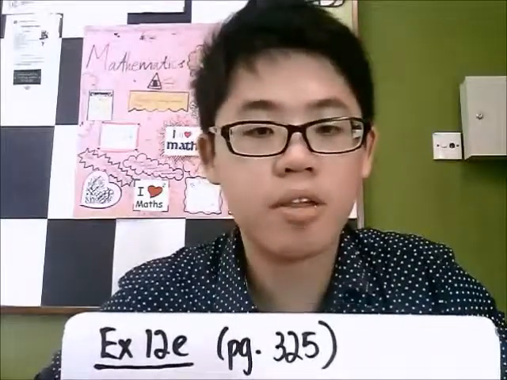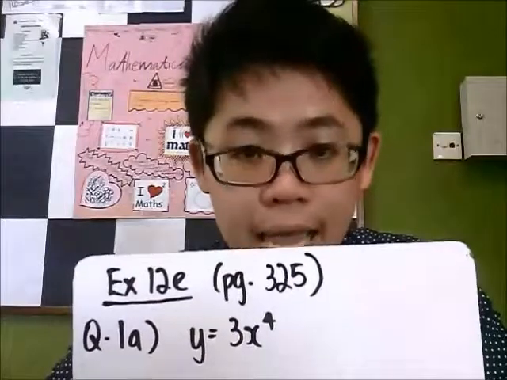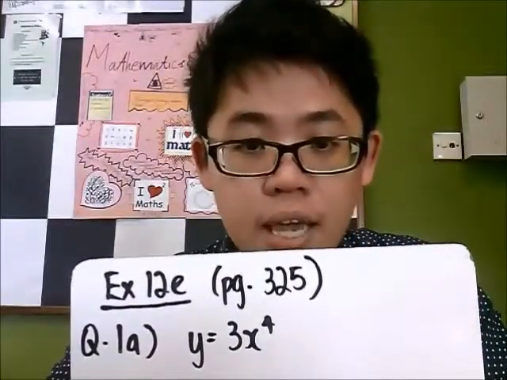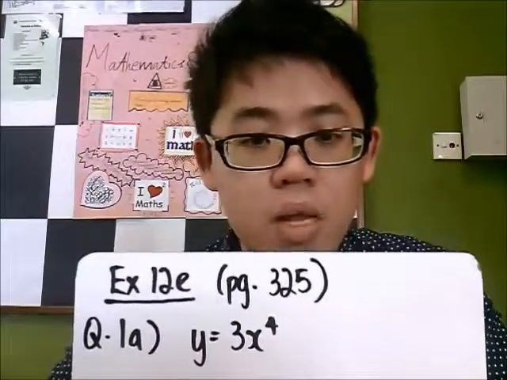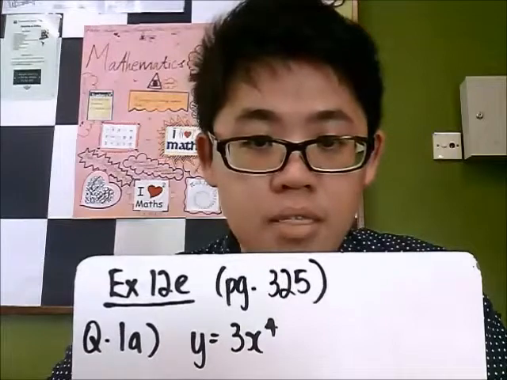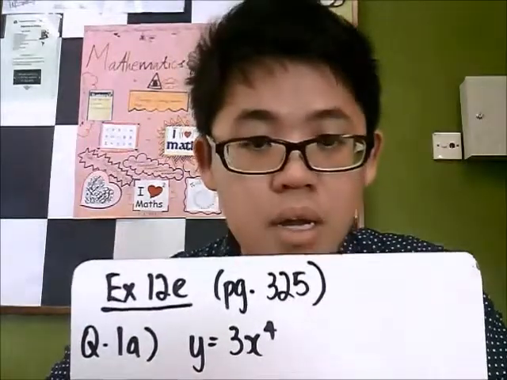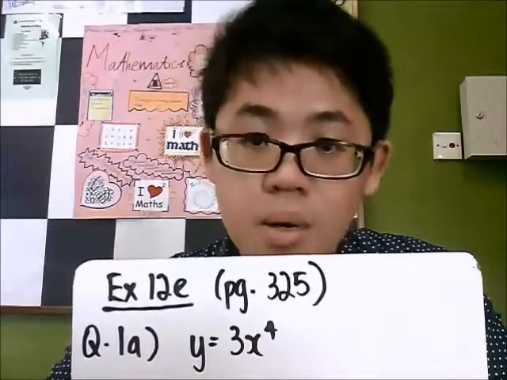Now let's try the first example. The first example is question 1A. Look at the question. They say find the first and second derivative. This example is pretty much the same as what we have discussed in the teaching just now. So I'll leave it to you to try, and I'll reveal the answer in a minute.